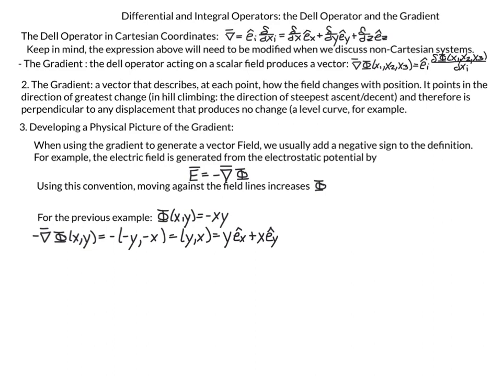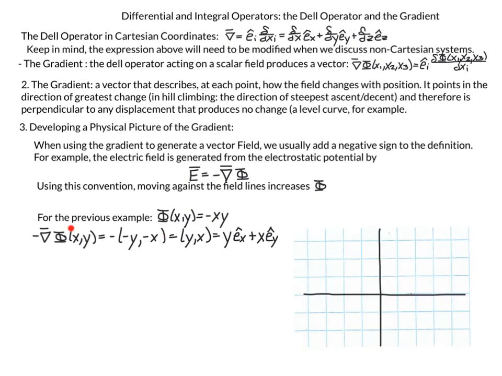We can now plot this vector field using the techniques we talked about in video 2.1 when we talked about representing scalar and vector fields. To represent this vector field, at each point in our xy plane we would associate a vector.